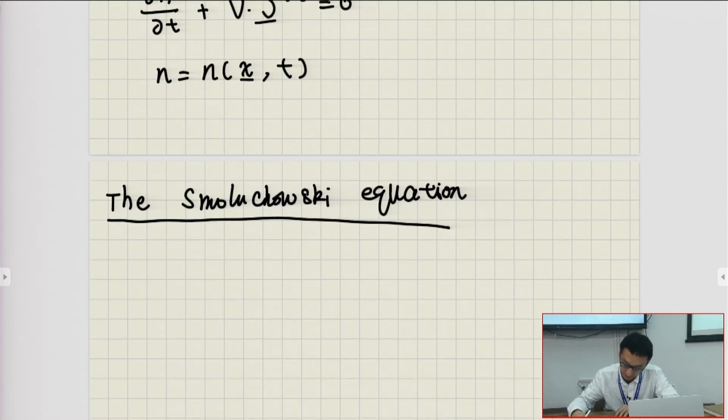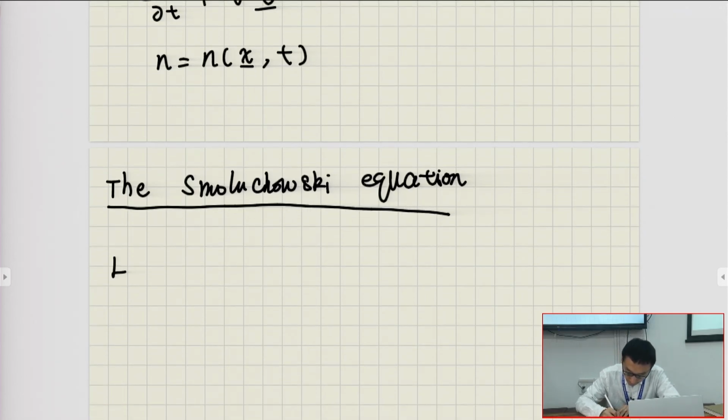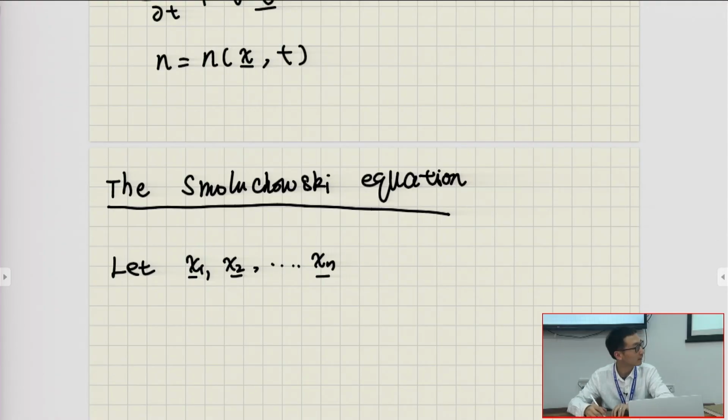Okay, so let's consider a system with potentially n coordinates, x1, x2, all the way to xn. I'm going to use a shorthand with the bracket x to denote these coordinates.